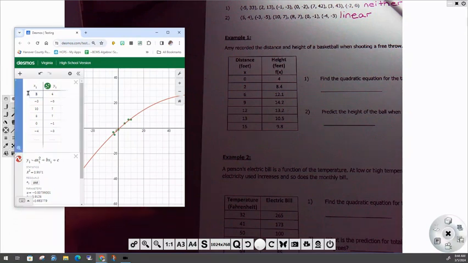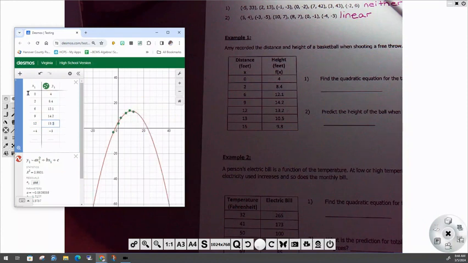And we're going to put in our data points. So we're going to say 0, 4, 2, 8.4, 6, 12.1, 9, 14.2, 12, 13.2, 13, 10.5, and 15, 9.8.